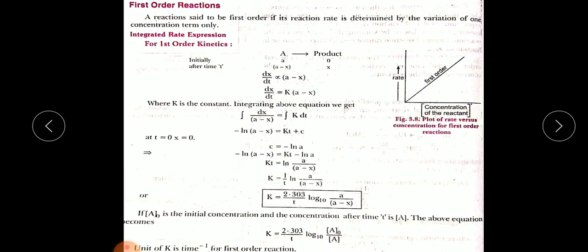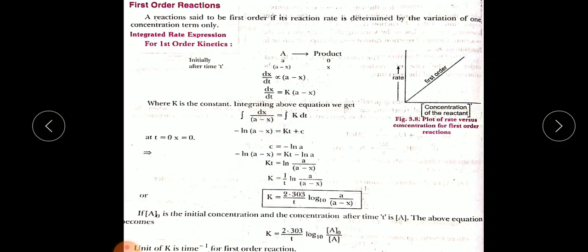Now in this case, we'll just separate the variables as we do in integration. So dx divided by a minus x will come down and dt will go to the other side. Now after that we integrate both sides. Integrating the above equation on both sides, you'll get the following.